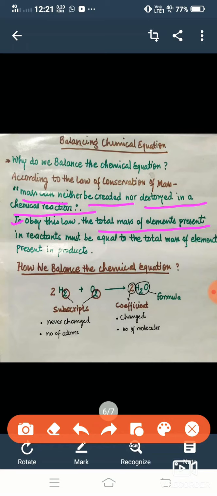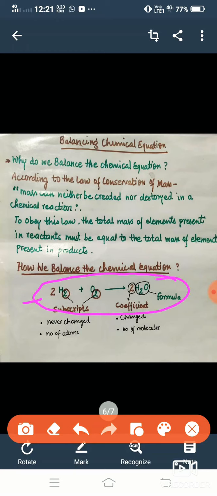Now how do we balance the chemical equation? Before starting to balance the chemical equation, we have to know some basic concepts about subscript and coefficient. Let's take an example here. Hydrogen reacts with oxygen to form water.